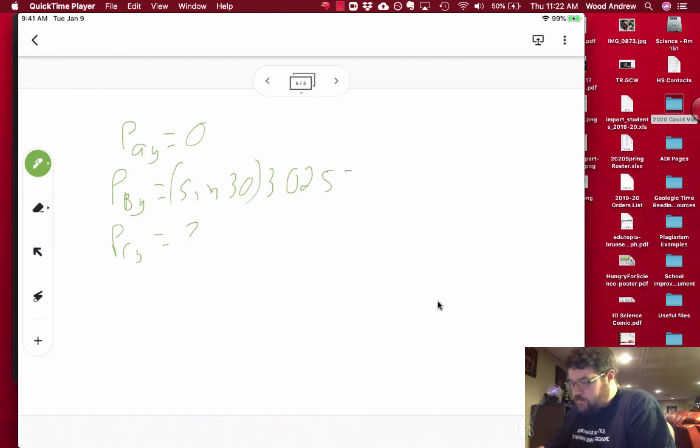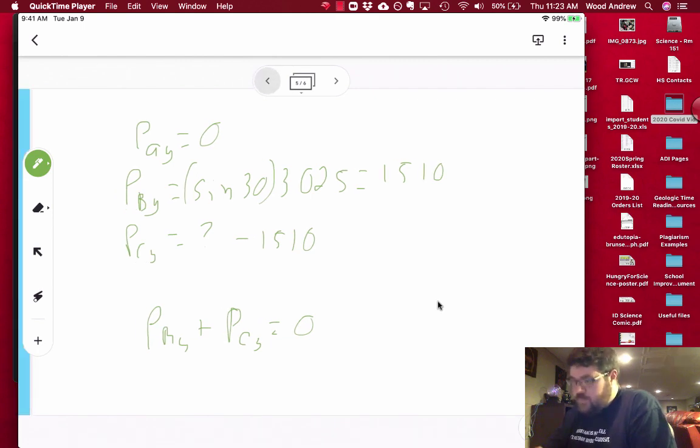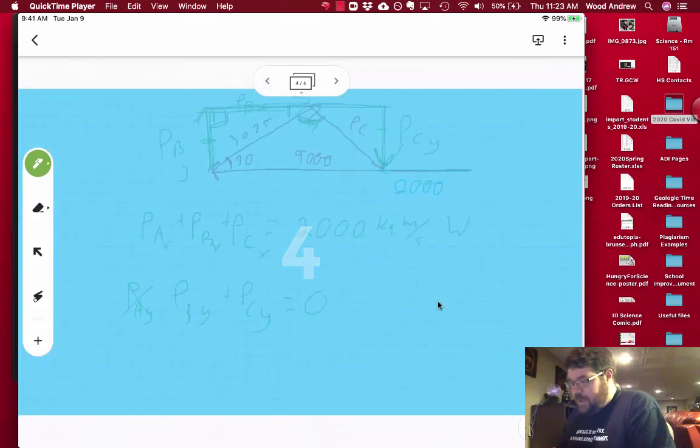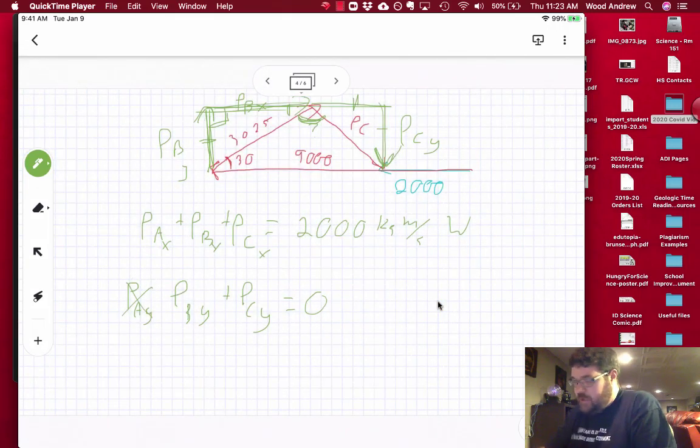So evaluating this, that's 1,510. So P_C_y would be negative 1,510 then, because B_y plus C_y is 0. So that makes sense. So now, if we go back, we have our x component of C and our y component of C. We can get the hypotenuse of C, which is our total momentum in the C direction.